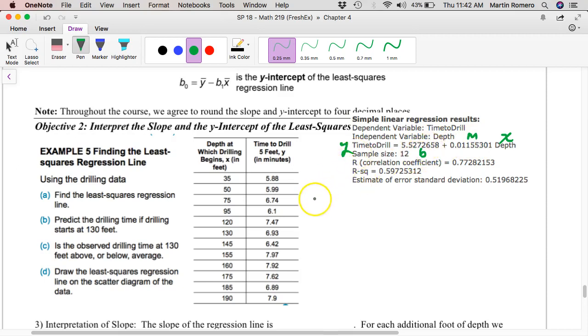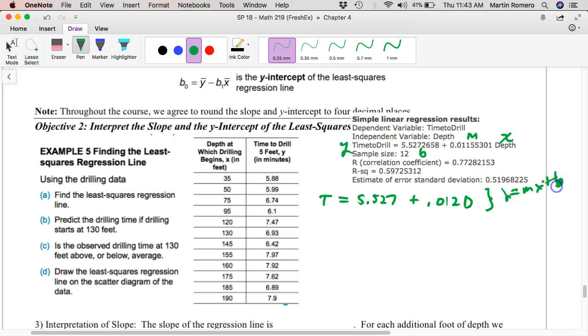If you look carefully, we have an equation of t equals 5.527 plus 0.012 times depth. I'm going to round to 3 decimal places. We always try to keep as many as we can, but for time purposes, we don't always need to keep all of them. There's our equation right there, and again, that looks very similar to y equals mx plus b.